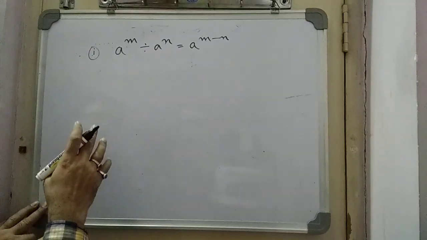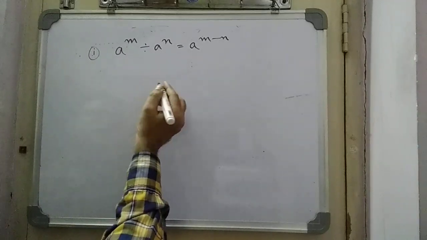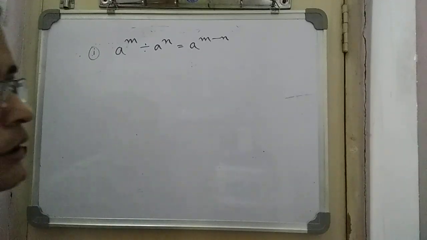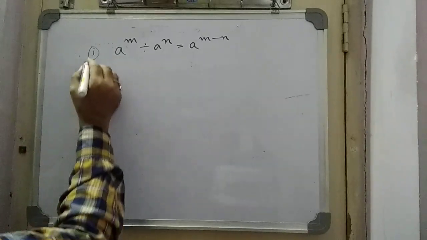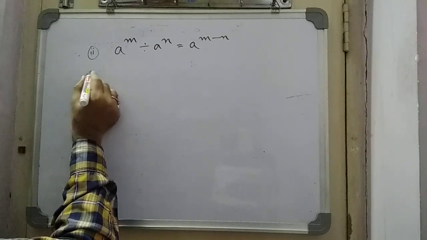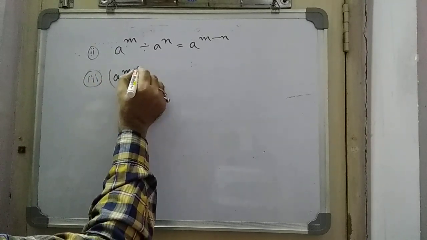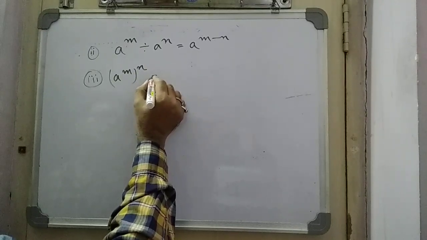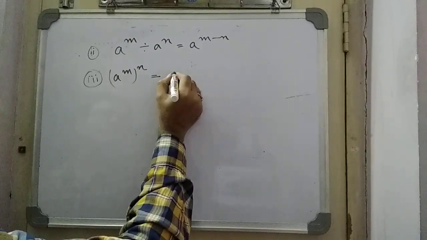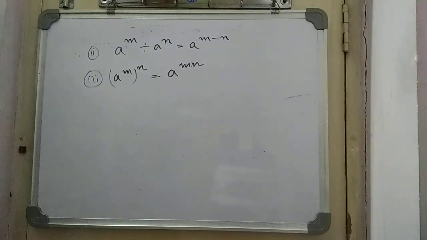So it is just a simple thing. Third is a to the power m, to the power n, equal to a to the power mn.